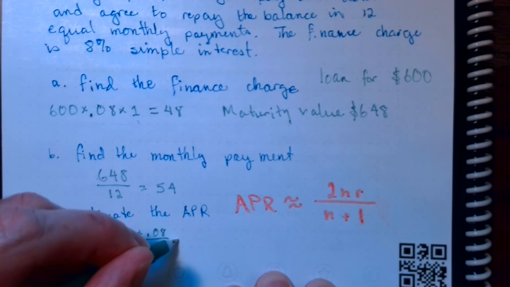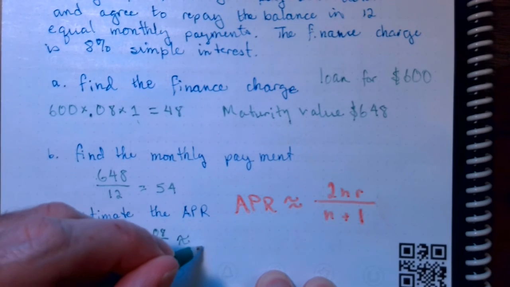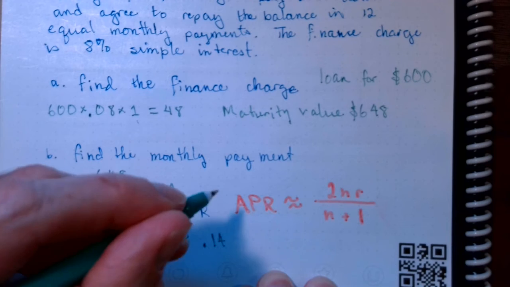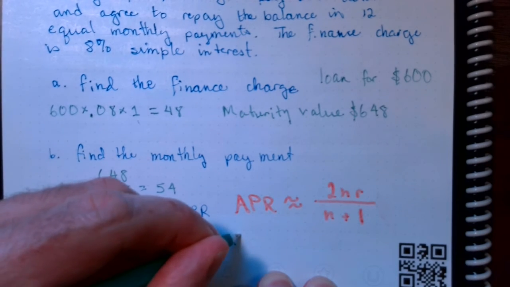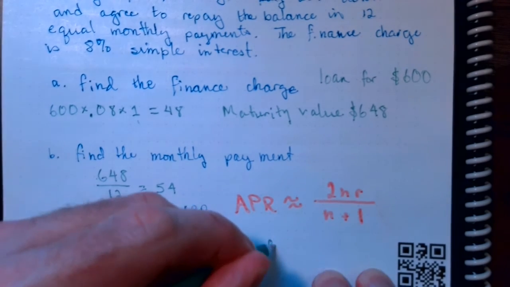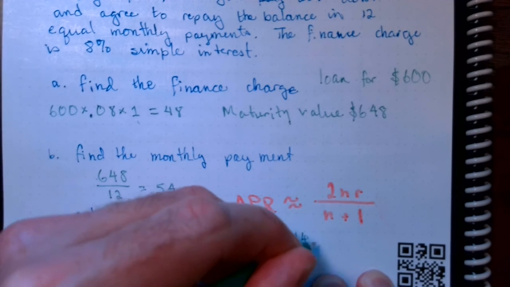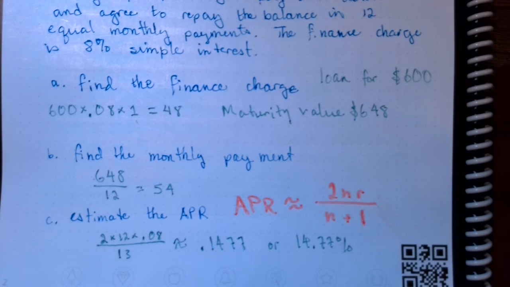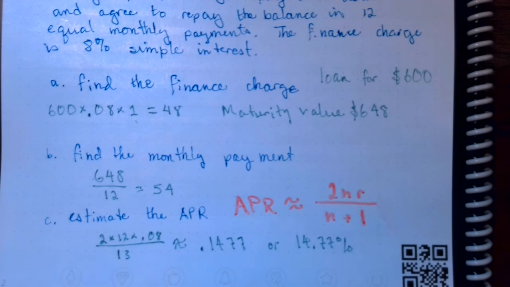So I am getting 0.1477. So that is 14.77% equivalent APR.